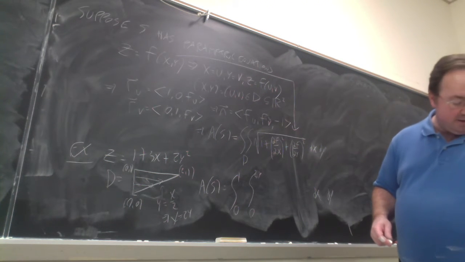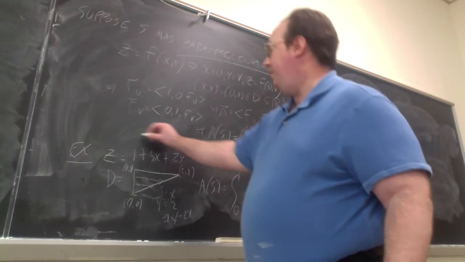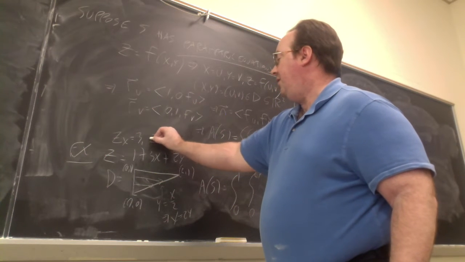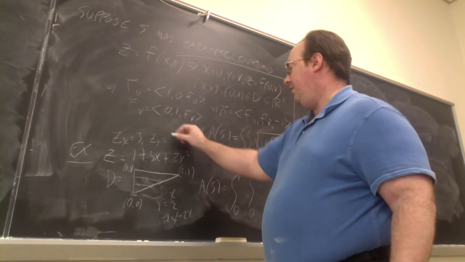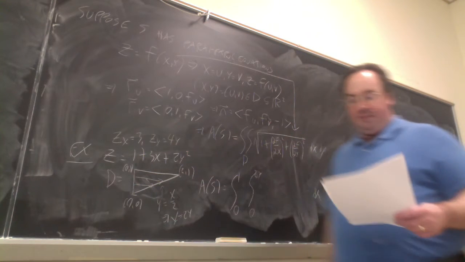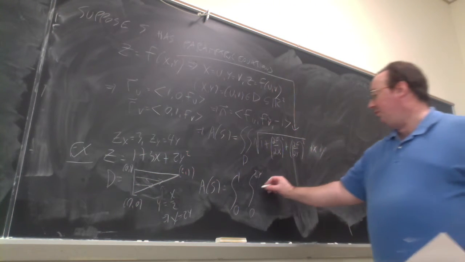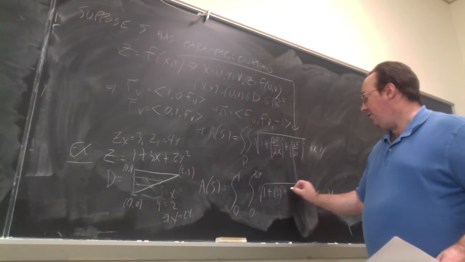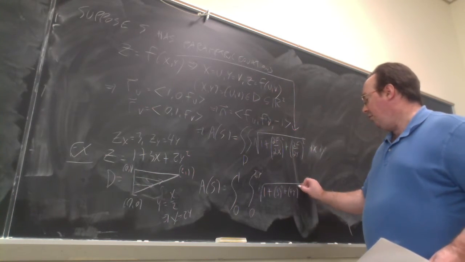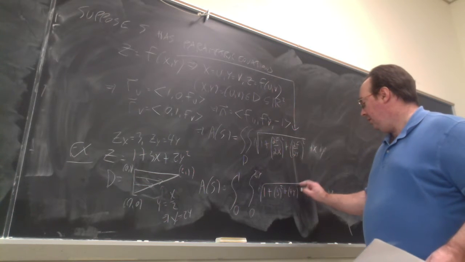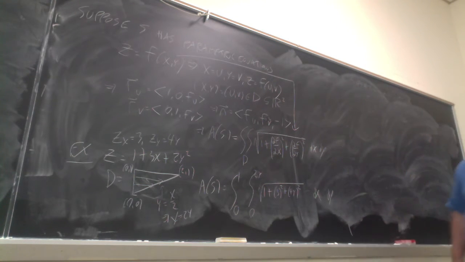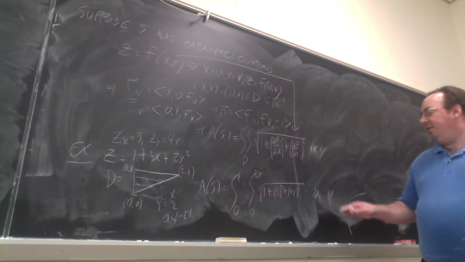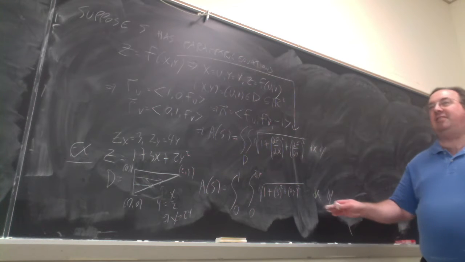Okay, and then here your partial derivatives: dz/dx is equal to 3, and dz/dy is equal to the derivative of this with respect to y. So now I can have the integral of the square root of 1 plus 3 squared plus 4y, the whole thing squared. Okay, that's your integrand. And set it up this way, y is the outer integral, x is the inner integral.